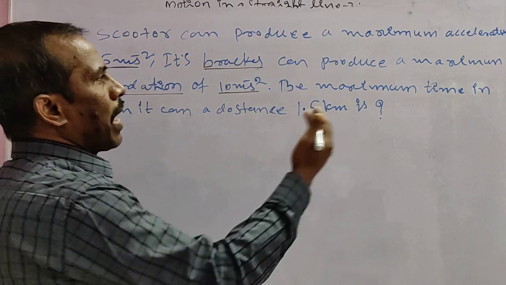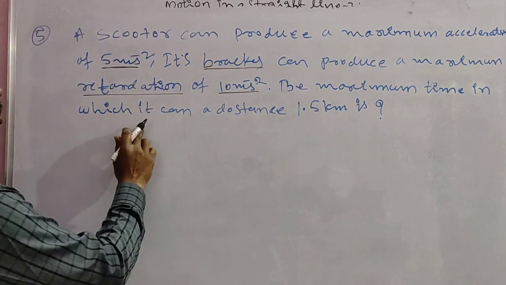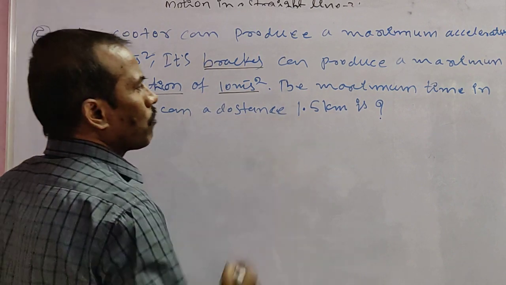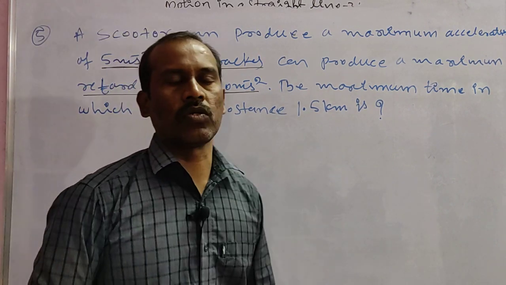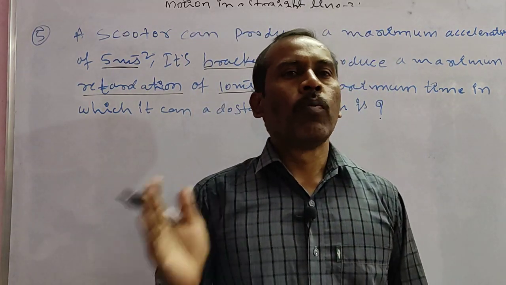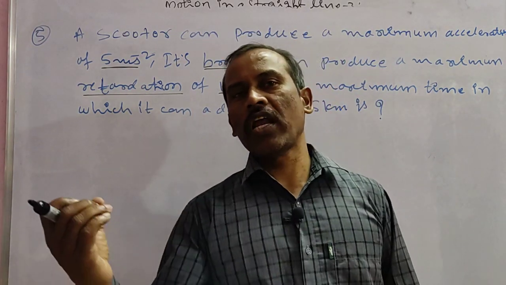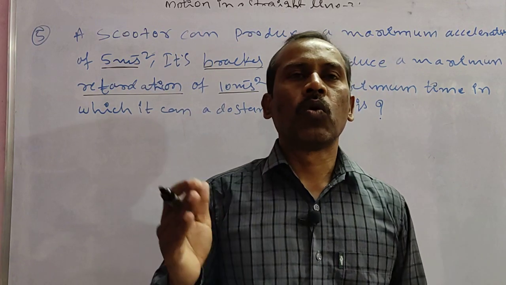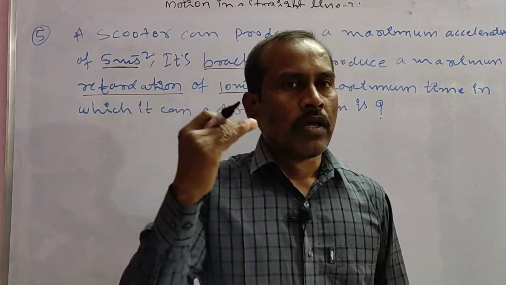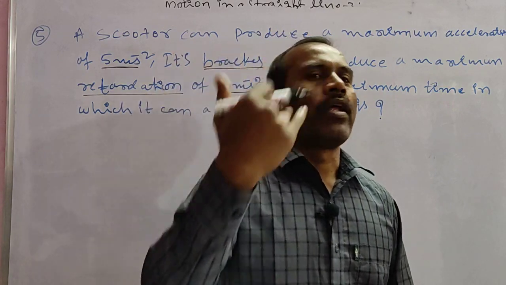The maximum time in which it can cover a distance of 1.5 kilometer is? So find out the total time taken by the scooter between the initial and final positions.